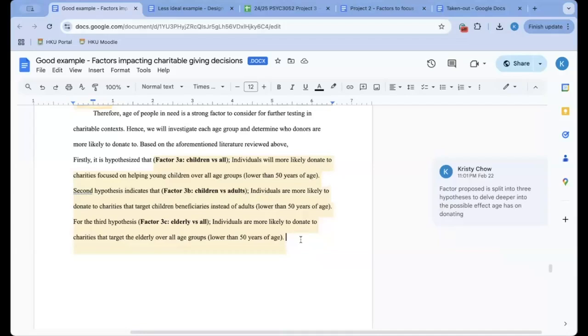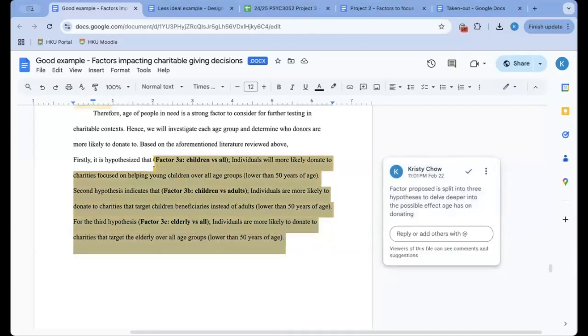At the very end, they clearly differentiate between three sub-hypotheses within this factor to better understand how age can affect people's decisions on donating to what charities.